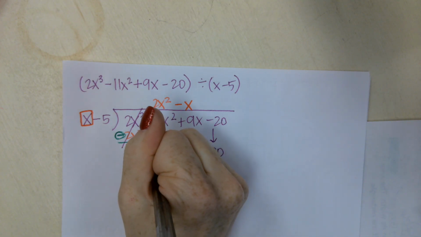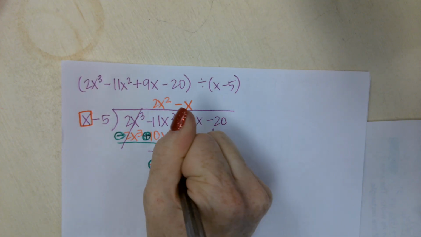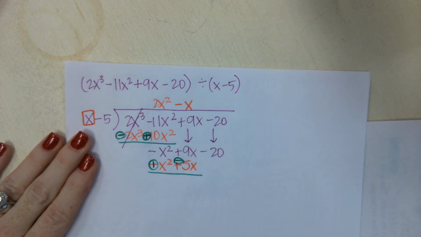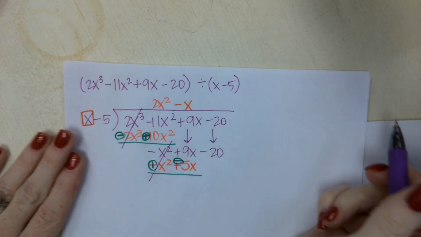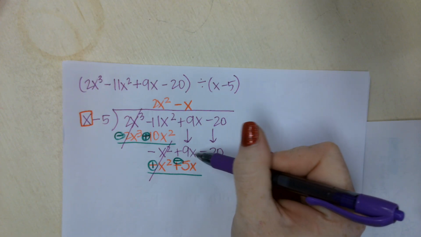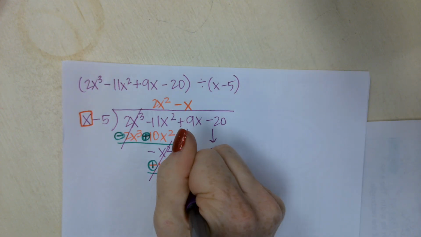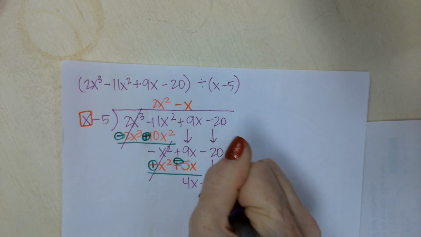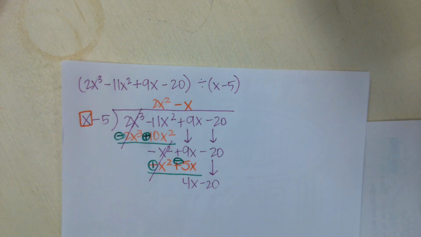That's right. So when you come through and subtract, it changes your signs. So your x squareds cancel. I now have 9x minus 5x, which is 4x. And then I'm going to bring down that 20, the negative 20.